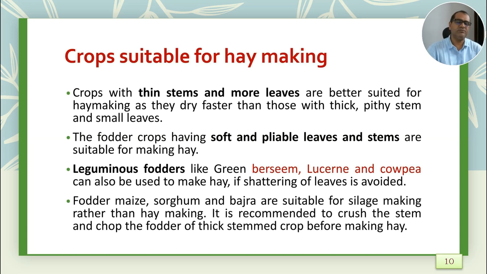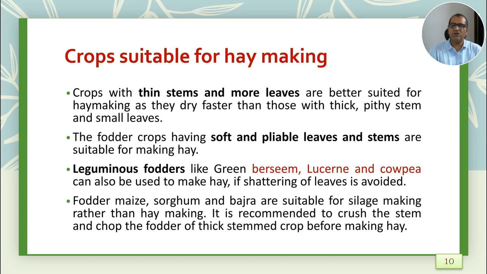And crops suitable for haymaking. Yesterday we have seen what crops are used for silage making, like maize or sorghum. Similarly, the crops with thin stems and more leaves are better suited for haymaking, as they dry faster than those with thick pithy stems and small leaves.